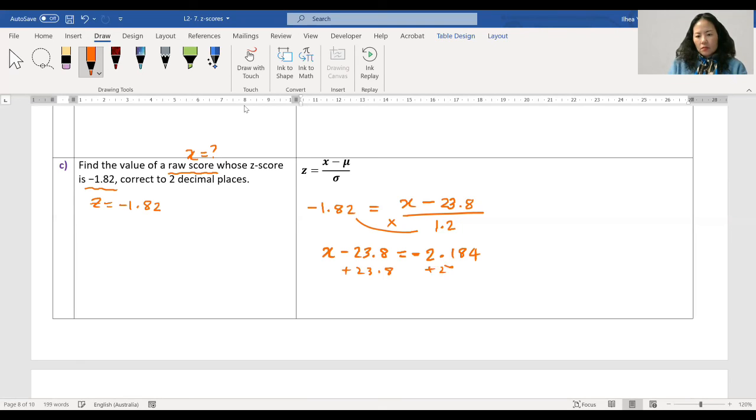Therefore, x equals 21.616. So my raw is 21.62 in 2 decimal places.